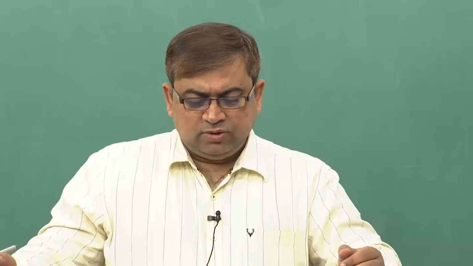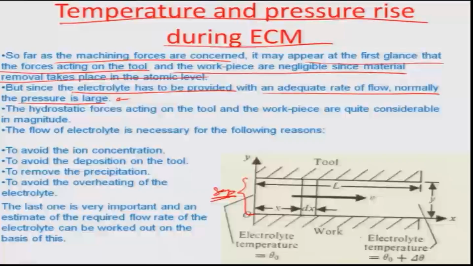So, the hydrostatic forces would act on the tool and workpiece, caused by the shear as well as the hydrostatic pressure, and sometimes it may lead to the warping of the electrodes. The condition that needs to be satisfied is that such a pressure, because of shear or any other factor, would not exceed the ultimate yield strength of the material.